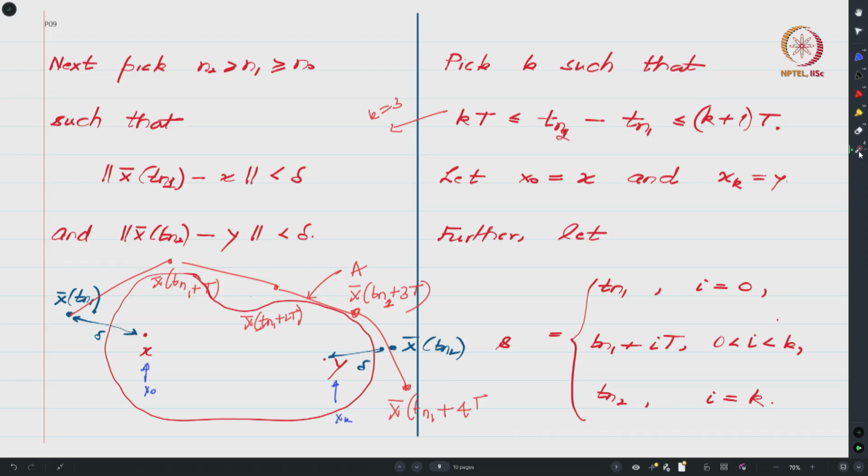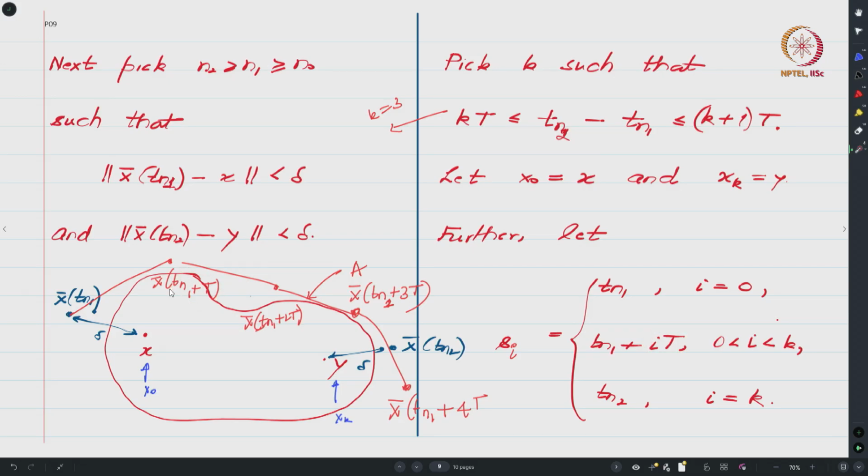I should actually say si here. For i equals 0 we will let si be tn1, which is this time over here, and for i strictly between 0 and k, we will set si to be tn1 plus it.